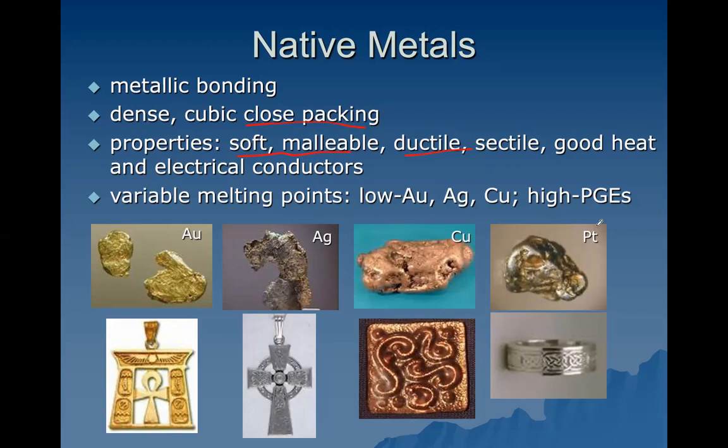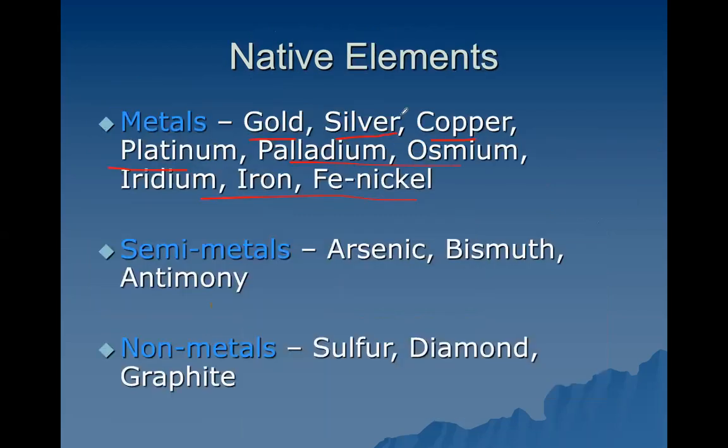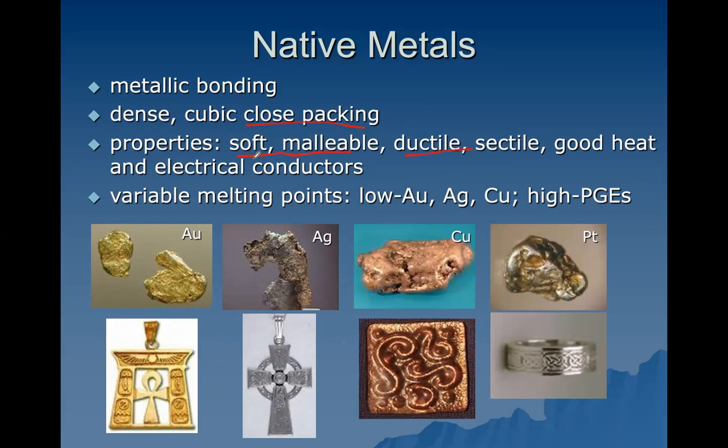So platinum group elements here: platinum, palladium, osmium, iridium. Those are the main metals under the platinum group elements. Rhenium is also there, but it's not widely considered as a metal, right?